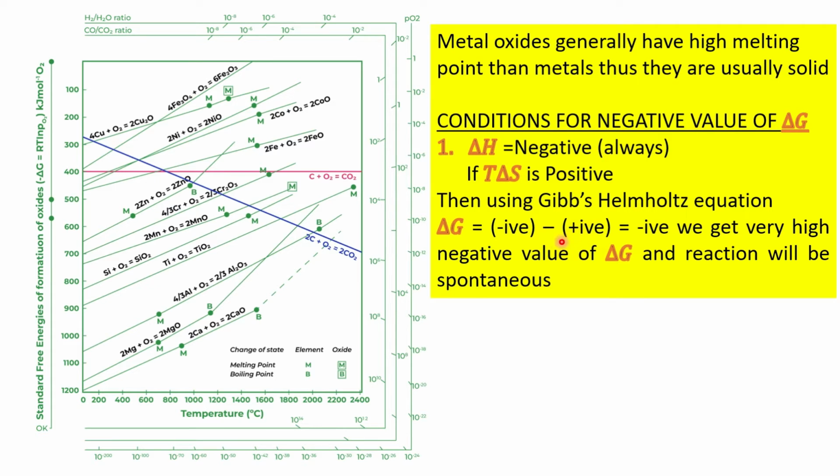So this positive, this negative, right, this will make negative here, and this negative and this negative again will give you the negative sign, and this negative sign will have a very high magnitude. We get a very high negative value of delta G, and when this happens, your reaction is a spontaneous process. Please remember, this is positive, this is negative, these two are the favorable conditions, right? And the reaction would be spontaneous in that case, right?